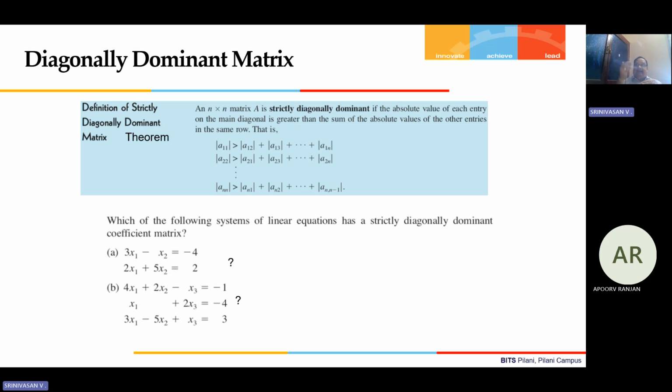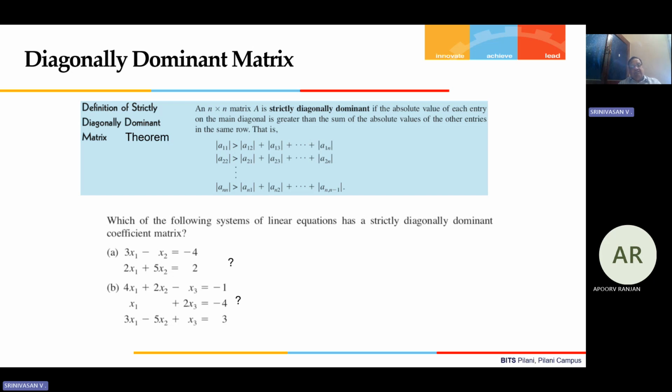In that way, the principal diagonal element is dominant. Of course, we say strictly, meaning strictly greater than, not greater than or equal to. That's why it is called strictly. So this condition is sufficient and is important for both the iterative methods, that the coefficient matrix must be diagonally dominant. If it is not the case, what will happen? We will see. It is sufficient, but not necessary.